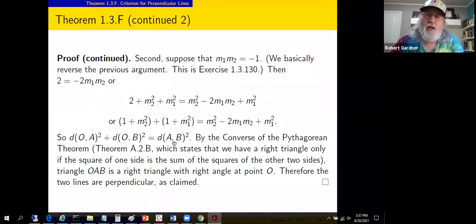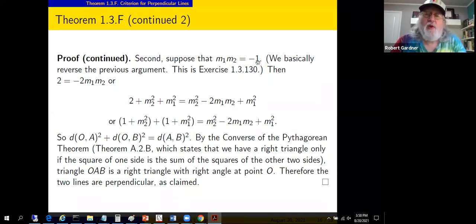Triangle OAB then is, by the converse of the Pythagorean theorem, a right triangle. If it's a right triangle, then those lines intersect at a right angle. That is, the lines are perpendicular, and that's what we were trying to show in that claim.